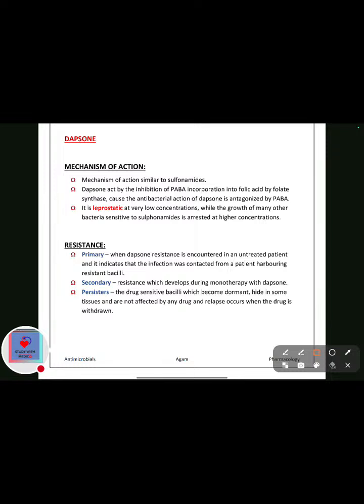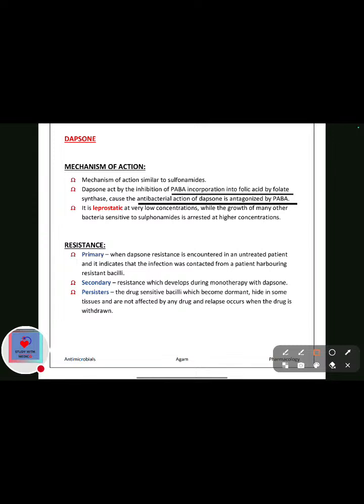Mechanism of action is similar to the sulfonamides. Mechanism of action is similar to sulfonamide. Dapsone acts by inhibition of PABA. PABA incorporation into folic acid by folate synthase caused by antibacterial action of dapsone is antagonized by PABA.